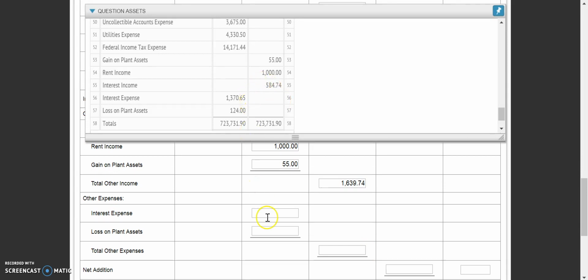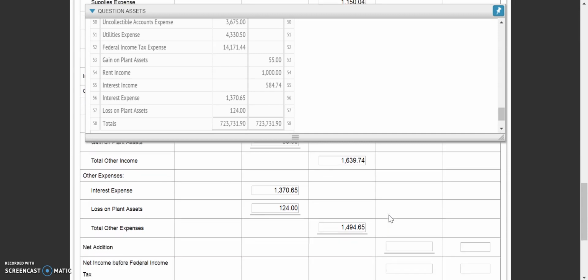And then we also have a few other expenses. So we have interest expense of $1,370.65 and a loss on a plant asset of $124. So we add those two together. Those are our other expenses. And when we do that, we get $1,494.65. So what that's going to do is give us a net addition, it's called.